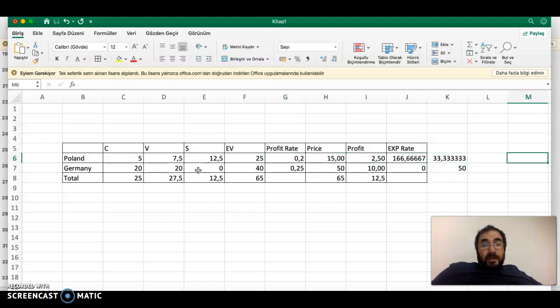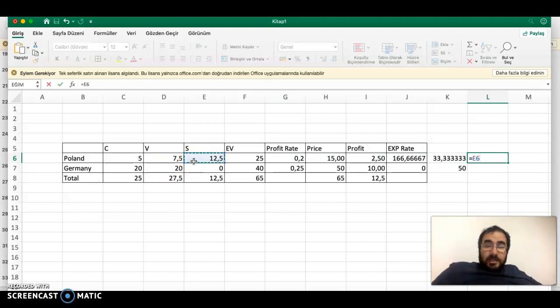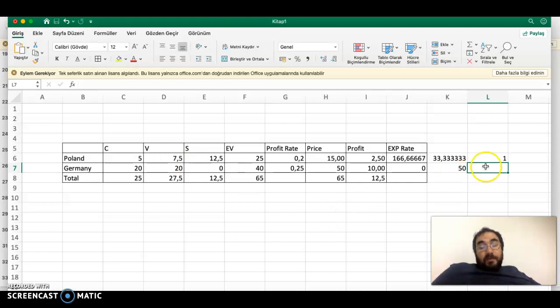Note that if Poland was alone in this case, its profit rate would be much higher, might be 100%. Why would Polish capitalists allow this?